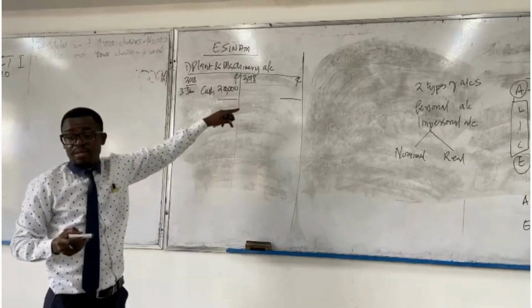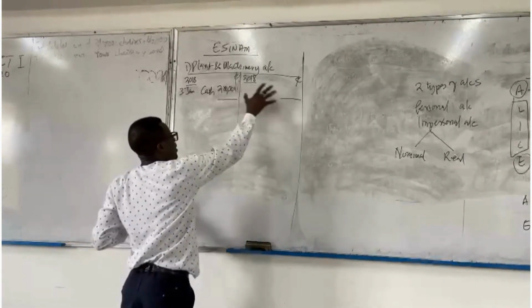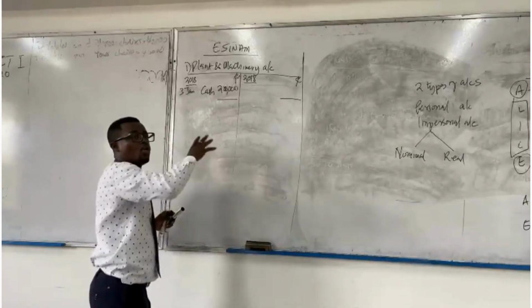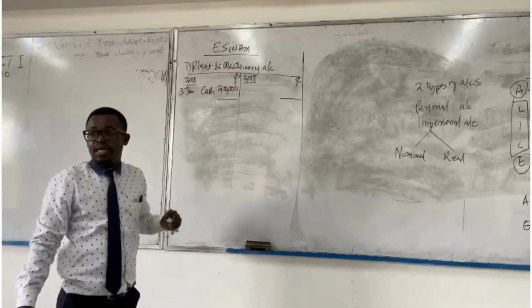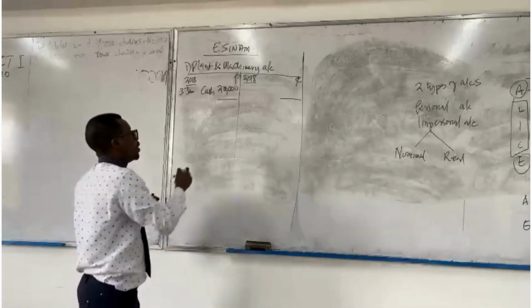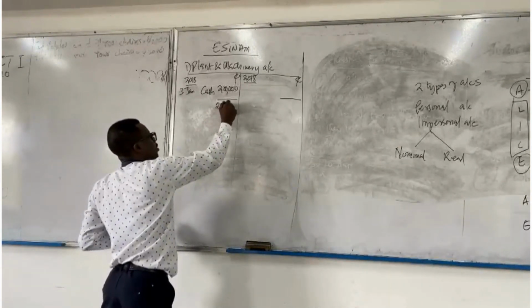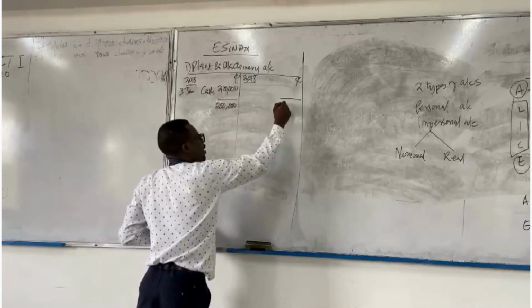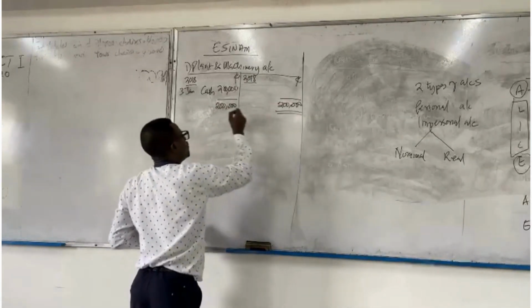Now, we'll compare the two sides with the entries we've made so far. Which side has the higher value? Debit side has 200,000, credit side has 0. So the higher side is 200,000. Then we'll write the same value there, 200,000. Then we close it off.